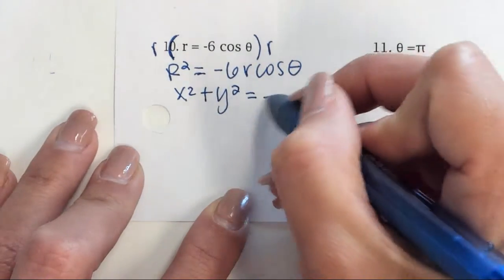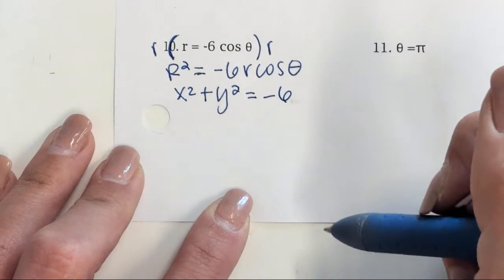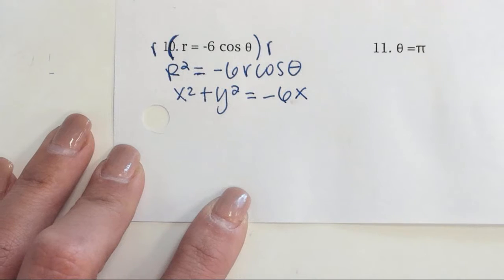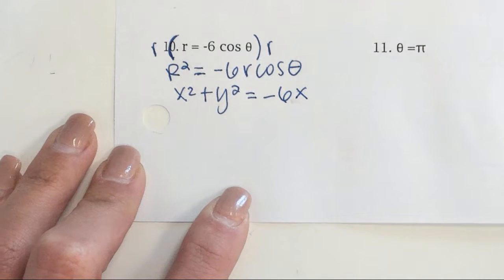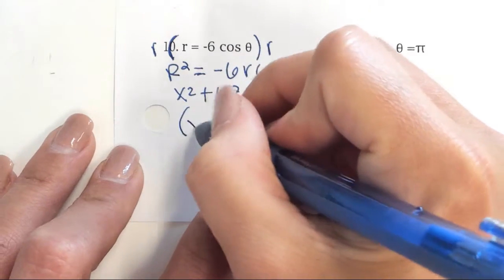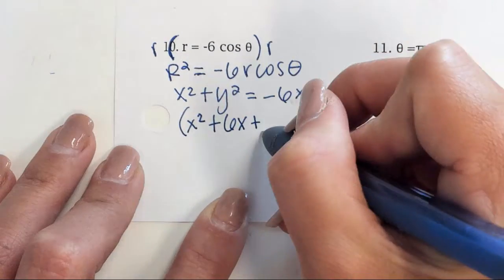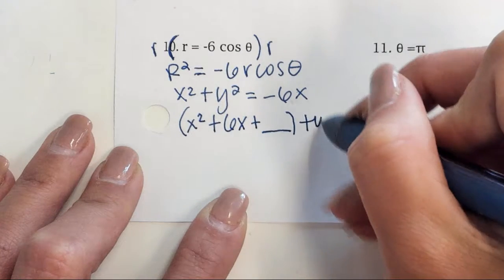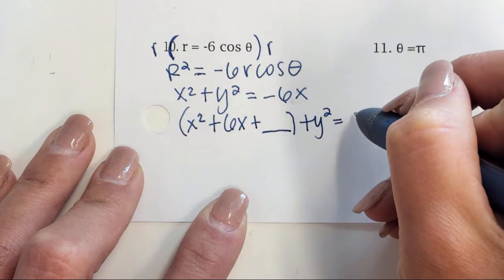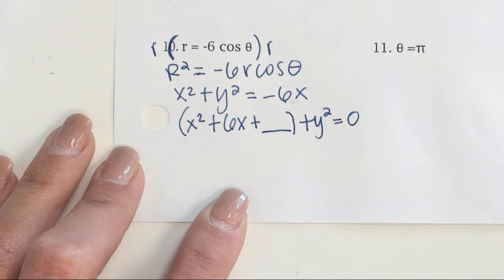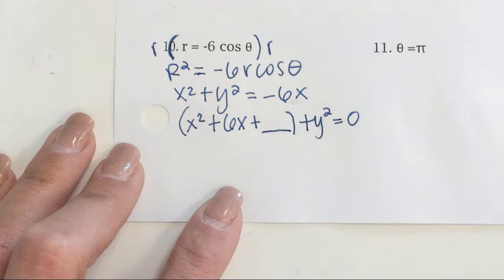And we can replace this r cosine theta with what? Very good. What would be my next step here? Add the 6x, and I'm going to group it with x, so it's a like term. What would be on this side then of the equal sign? 0. I got what you're saying, whoever said that.